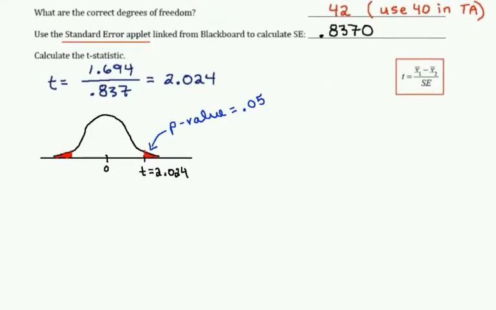A p-value very close to 0.05 we generally describe as moderate evidence, so we're going to say that we have moderate evidence and then try to describe our alternative hypothesis in context. So we always have evidence for the alternative hypothesis.